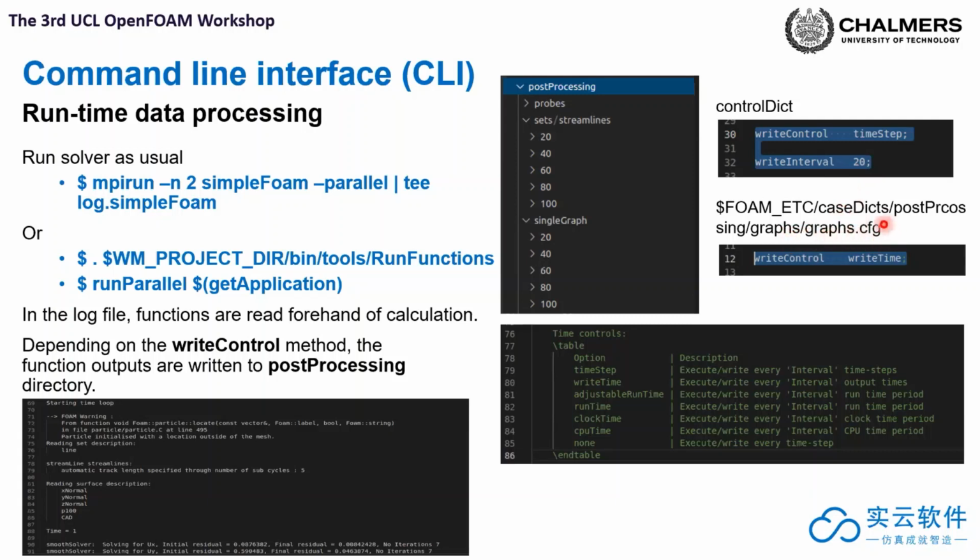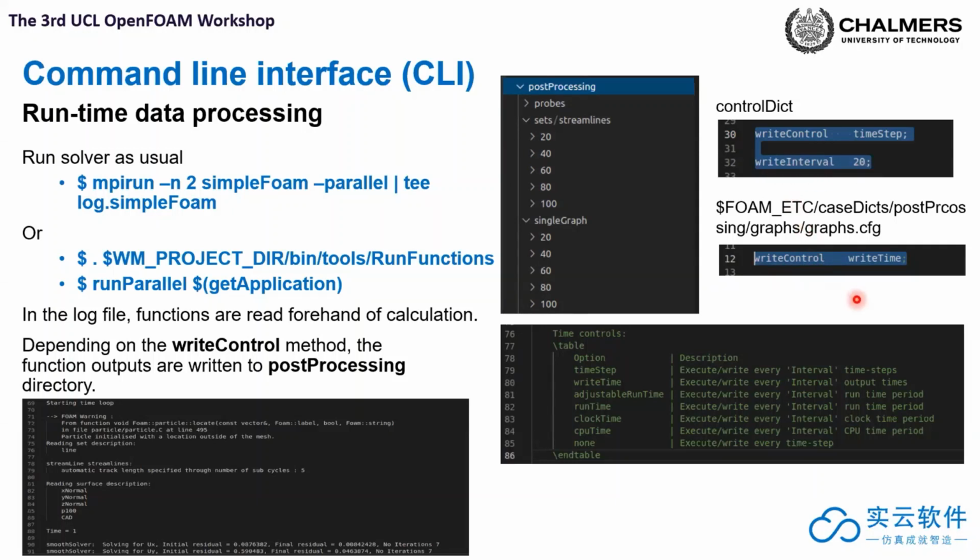And also in the function configuration files, for example, this graphs.cfg, the writeControl is set as writeTime, which means the function will be executed when the solver has a new write. So these two are consistent: writeControl writeTime is equal to writeControl with writeInterval 20.